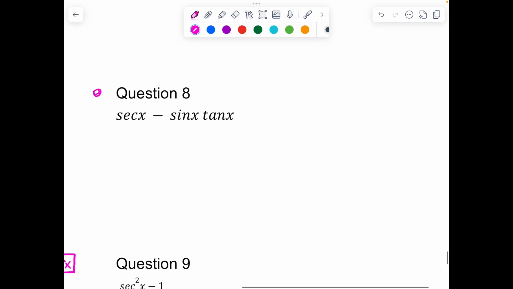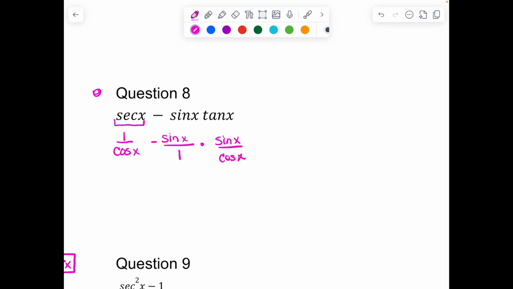First, we can think about how we can write these in terms of sine or cosine. Well, secant itself can be rewritten as 1 over cosine of x. Sine is already in a simple form, so we can write it as sine of x, and we want to make it a fraction, so we can write it as a fraction. And then tangent, we can write as sine of x over cosine of x.